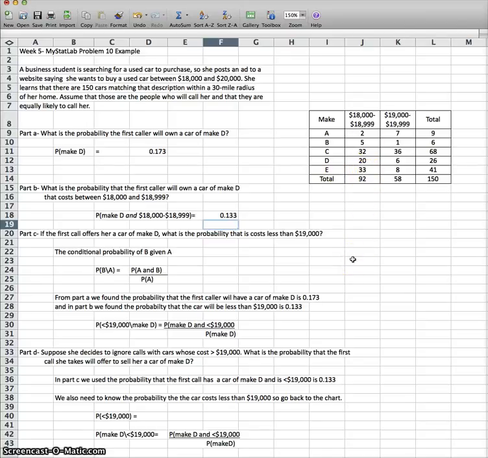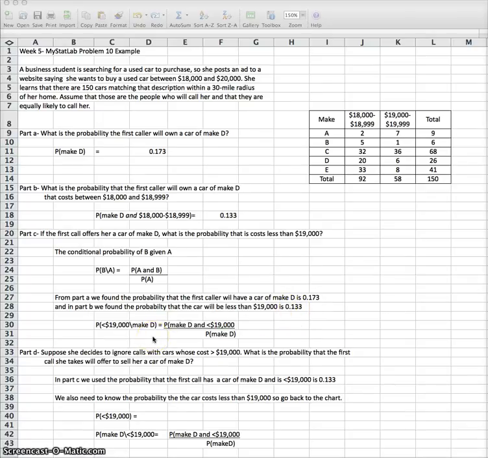So we have a conditional probability of B given A. For the probability of A and B, from part A we found the probability that the first caller will have a car of make D at 0.173, and then in part B we found that the probability that car will be in the 18 to 18,999 range, less than 19,000, was 0.133.